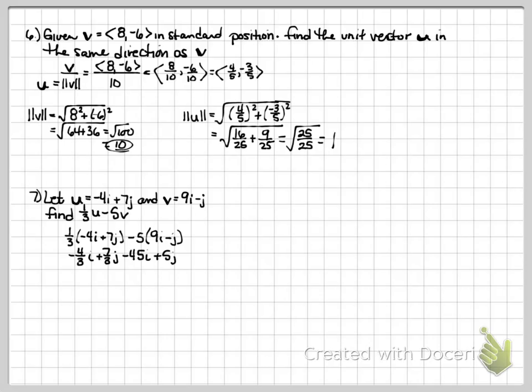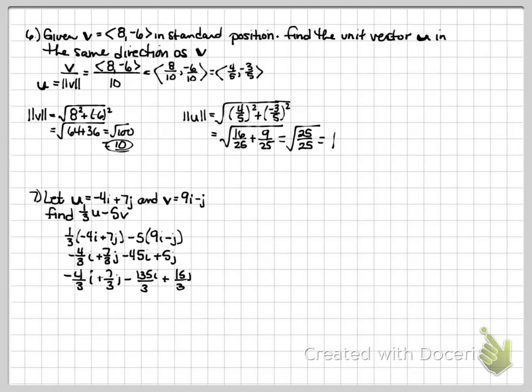Combine like terms. We can get a common denominator if we want. That would change the 45 to 45 times 3, so that'd be negative 4/3 i plus 7/3 j minus 135i plus, and let's might as well change this 5 to have a common denominator too, 15j.